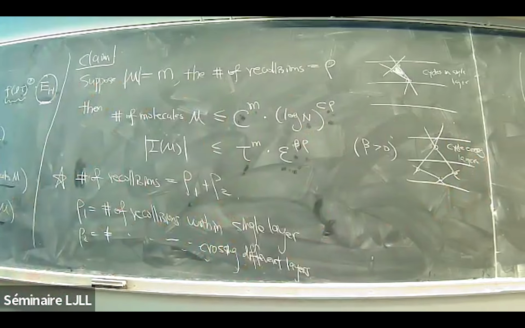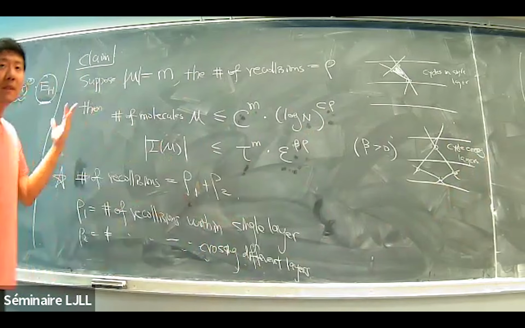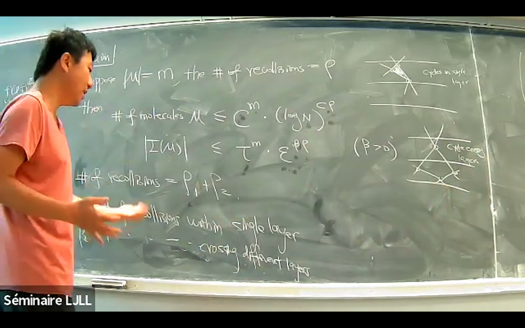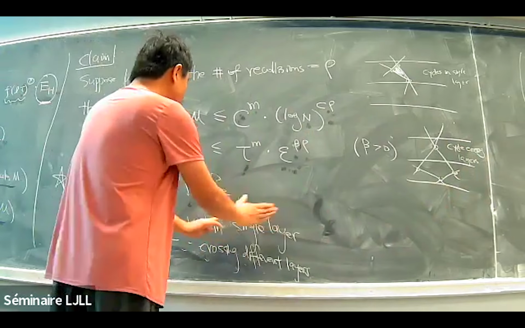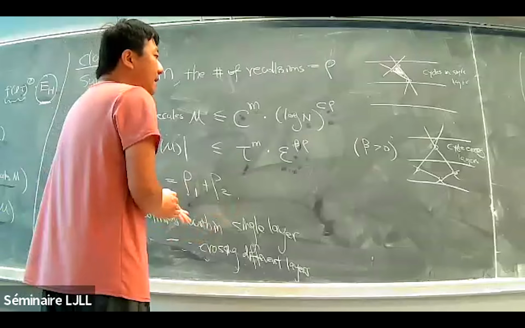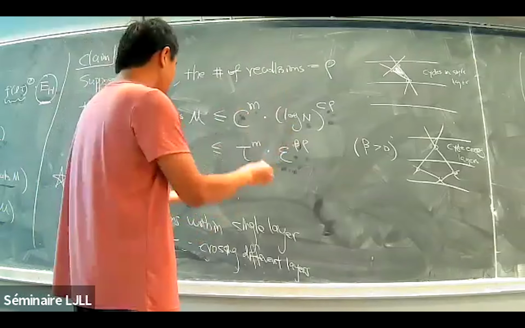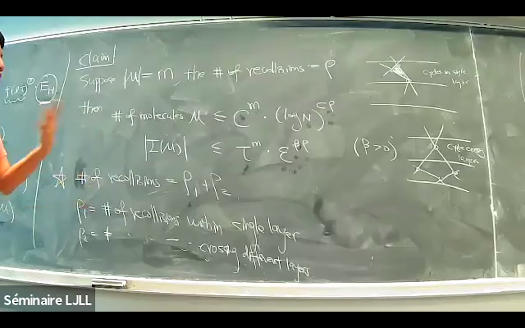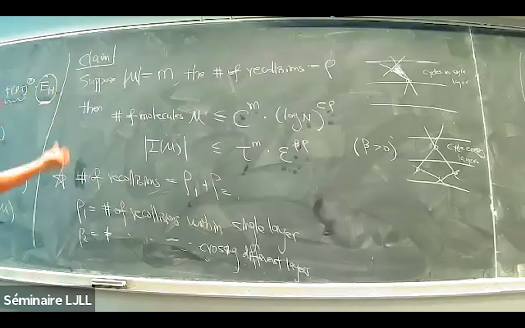So in our proof, we'll make one simplification, that is rho 1 is equal to 0. Okay, the reason is that if rho 1 is small, we can pretend it's 0. If rho 1 is not small, then there are a lot of recollisions in a single layer. Then you can just focus on this layer, and we know that the analysis of recollisions is doable in the short time theory.